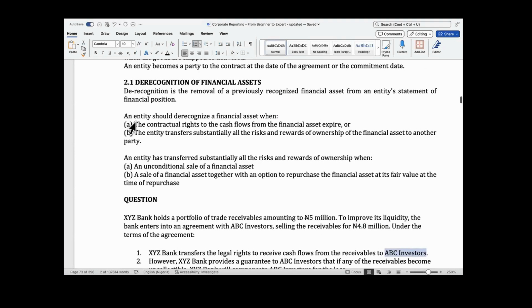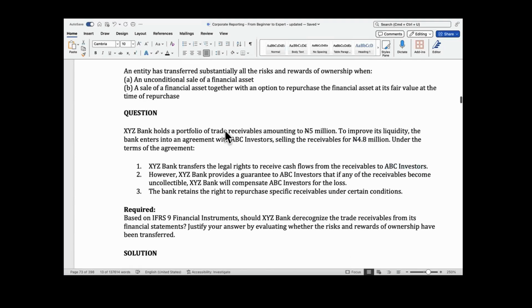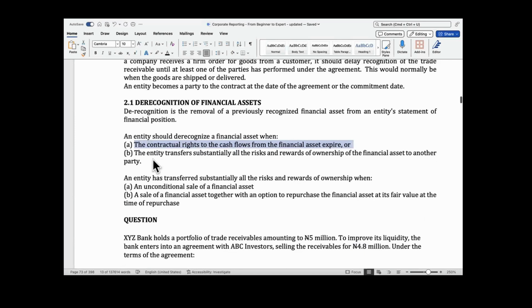It meets this first condition, this first step: the right to receive cash has expired. So he has transferred the right to receive. His own right to receive cash from that trade receivables has expired. He cannot receive cash anymore. So he has met the first condition. Now, not only that, he must meet the second condition too.